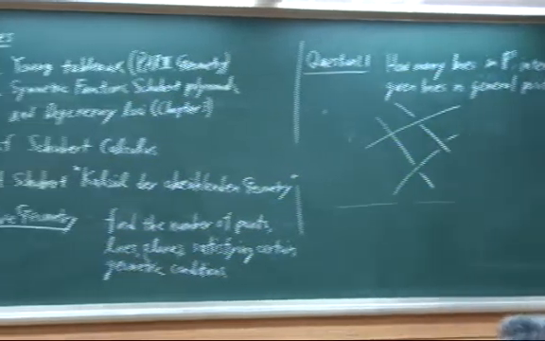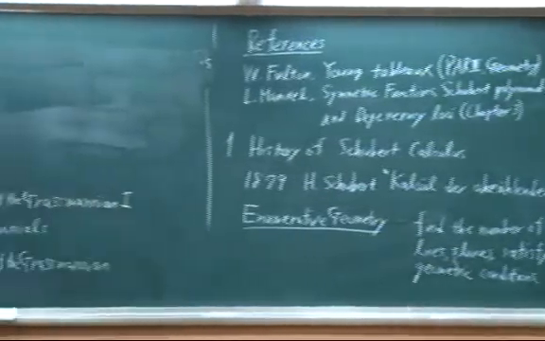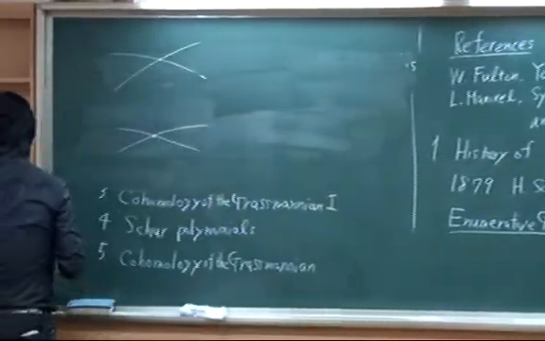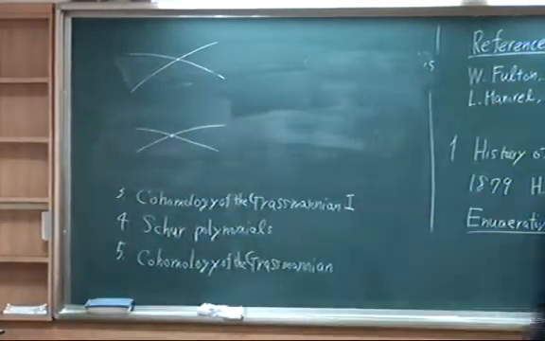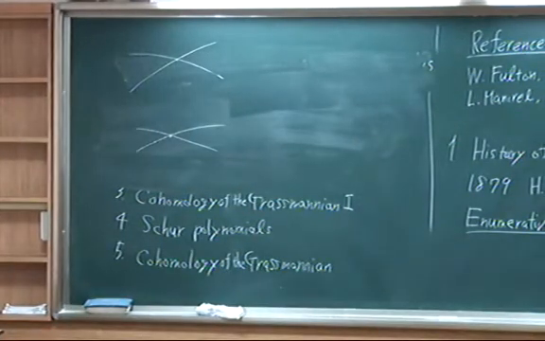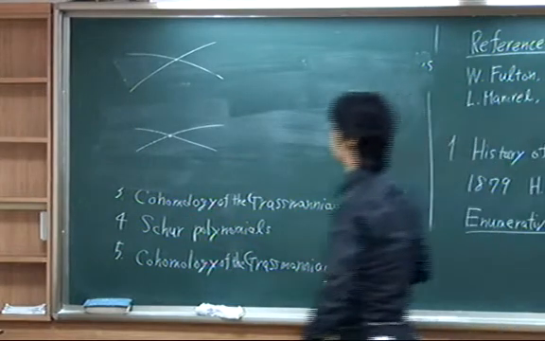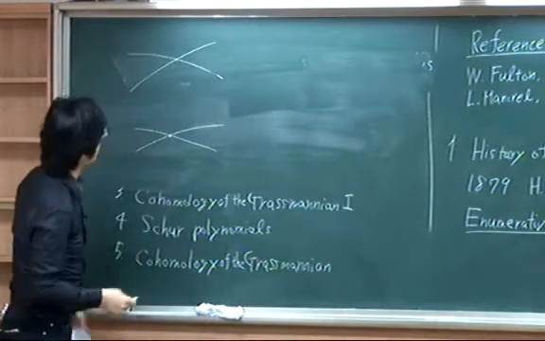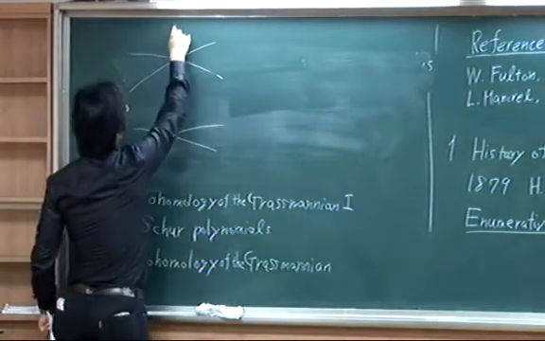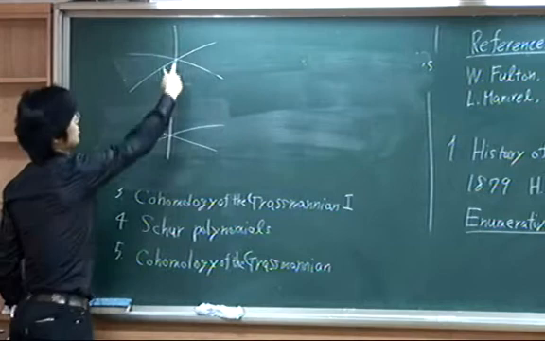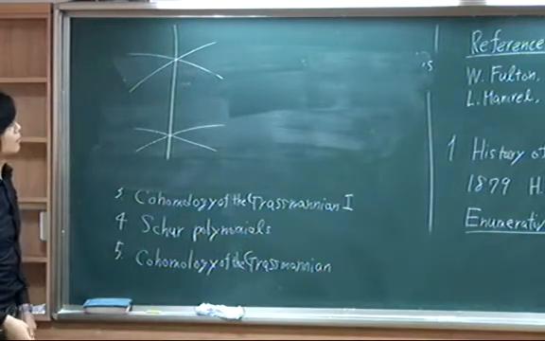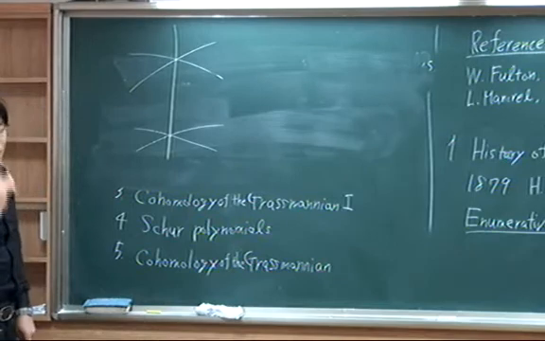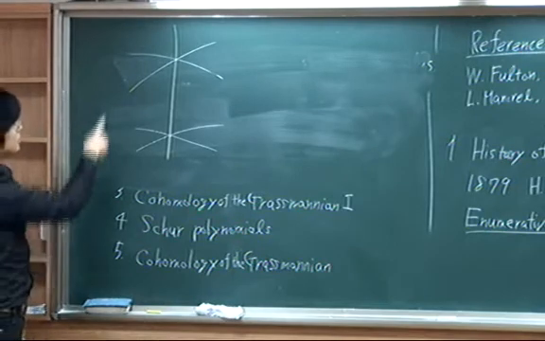Schubert first considered this case. In this case, obviously there is one line joining these 2 points. And there is another line which intersects these 4 lines.